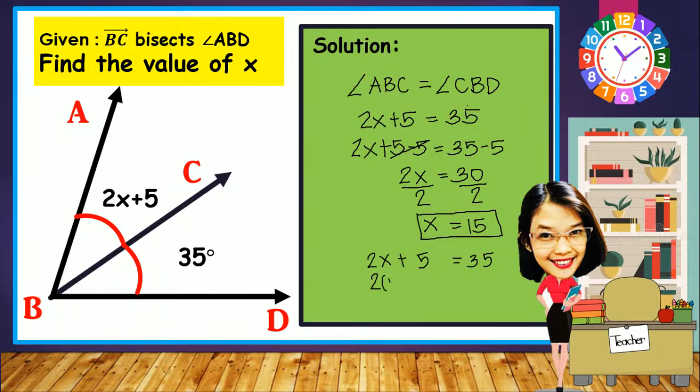So, 2 times 15 plus 5 is equal to 35. 2 times 15 is 30, plus 5 is equivalent to 35. 30 plus 5, then we will have 35 is equal to 35.